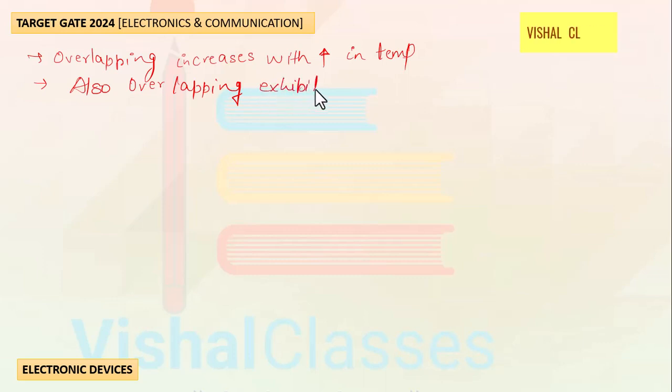Also, overlapping exhibits positive temperature coefficient of resistance, as you have seen in 12th class. Metals have positive temperature coefficient of resistance.